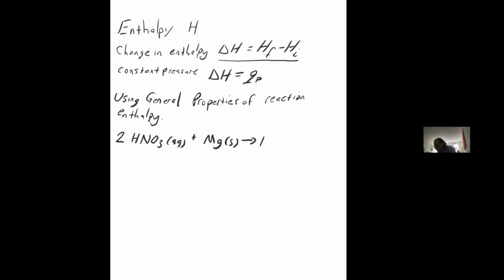So the products of this reaction, boy, this is going to take a lot of space. I think I can fit the last product in there. And now right next to it, I'm going to write delta H is equal to minus 443 kilojoules. Okay, so this right here is referred to as a thermochemical equation.